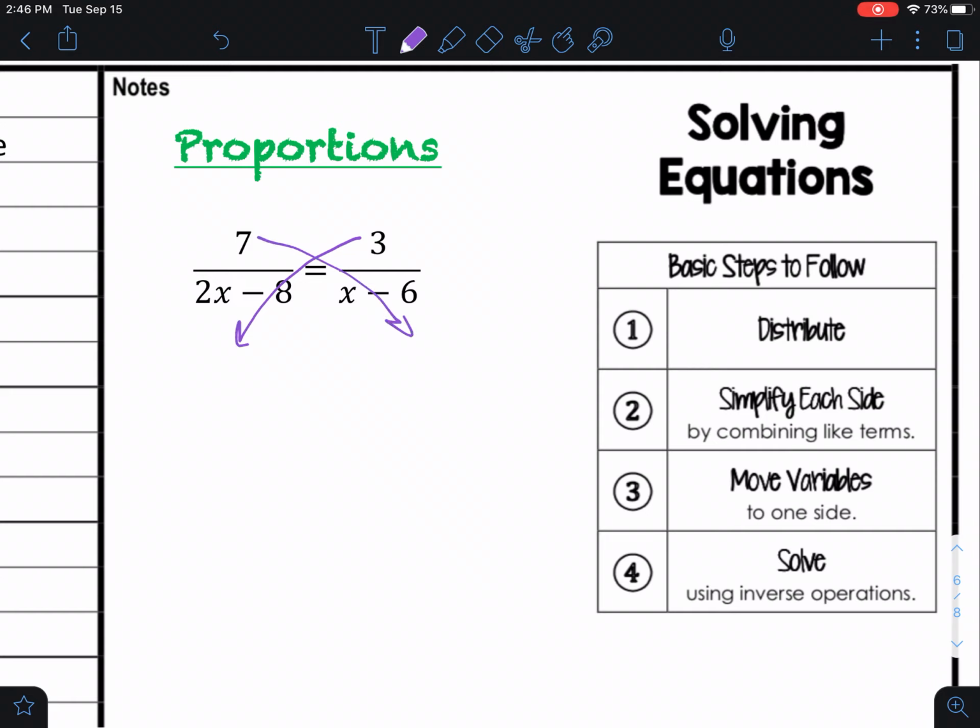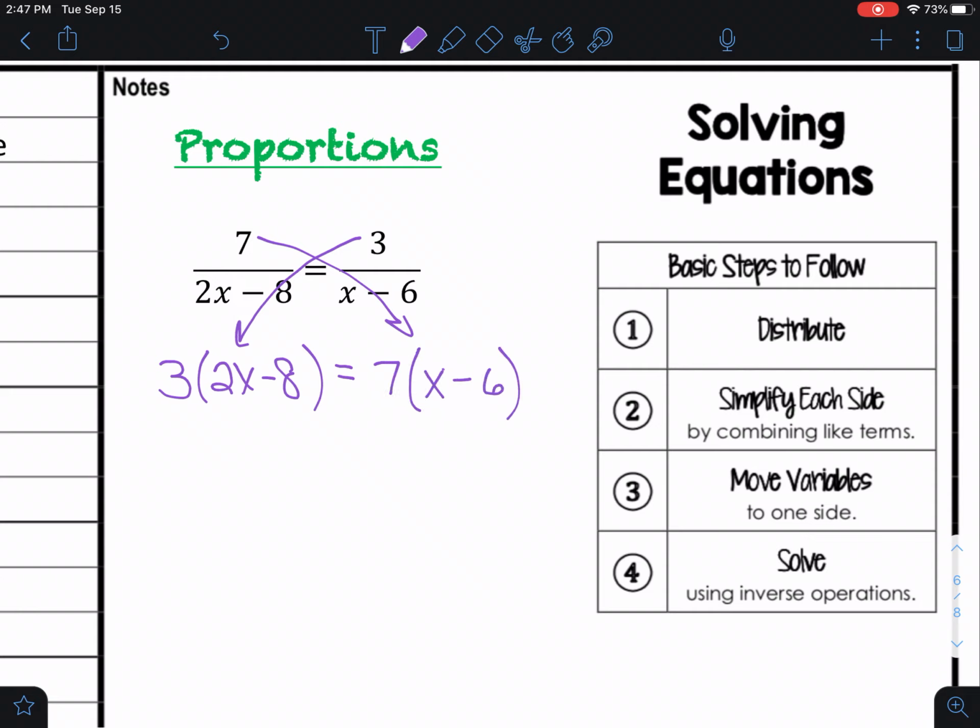But you have to be careful when you do that because 3 times 2x minus 8, it's 3 times that whole thing. So 2x minus 8 like that. And then is equal to 7 times this whole thing, x minus 6.